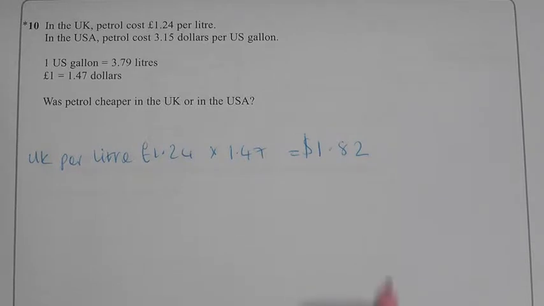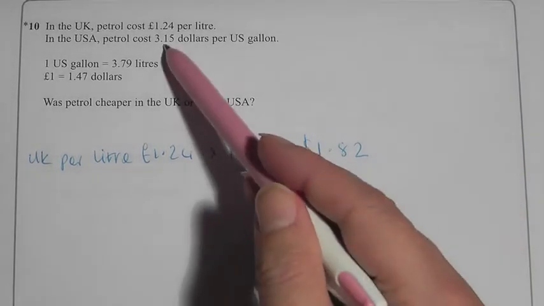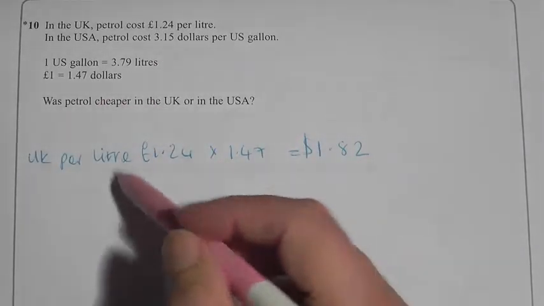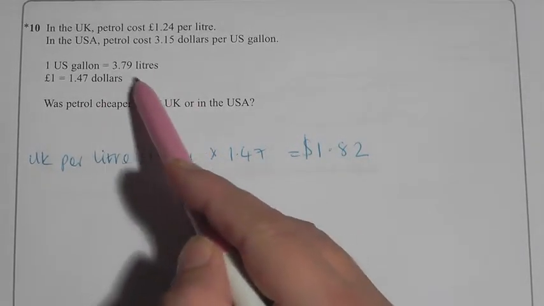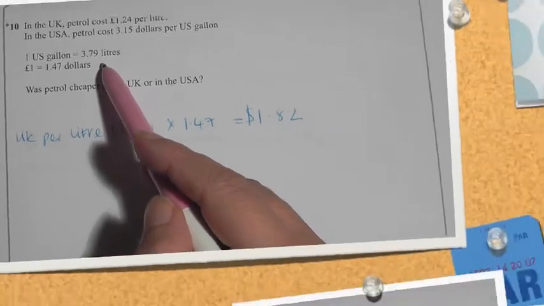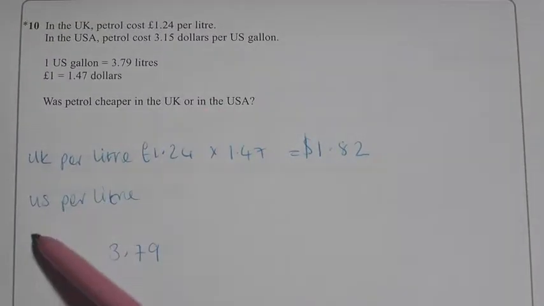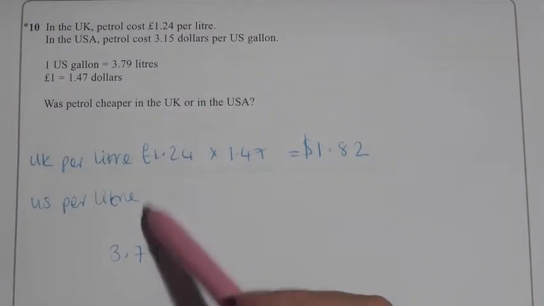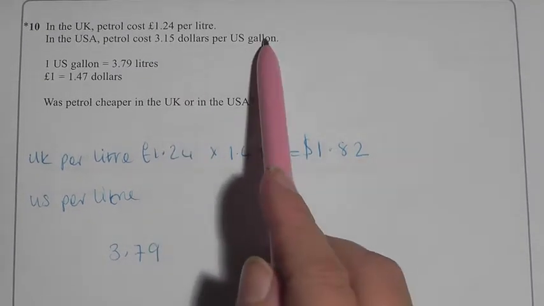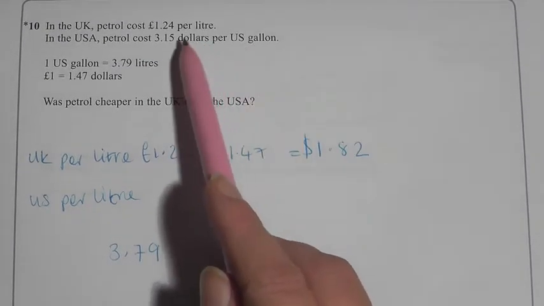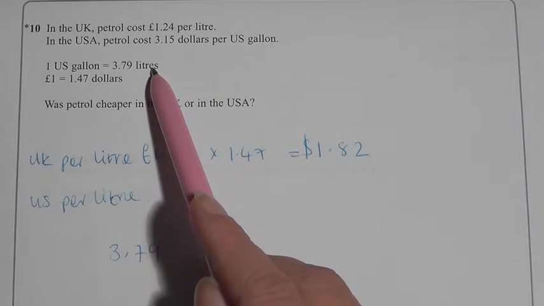The US price per litre, for a comparison, well, we only know the price per gallon, so we need to work out what the price per litre is by converting the gallon. I'm now going to work out the US price per litre. At the moment I've only been given a price per gallon, so I need to convert that into the number of litres that you get.